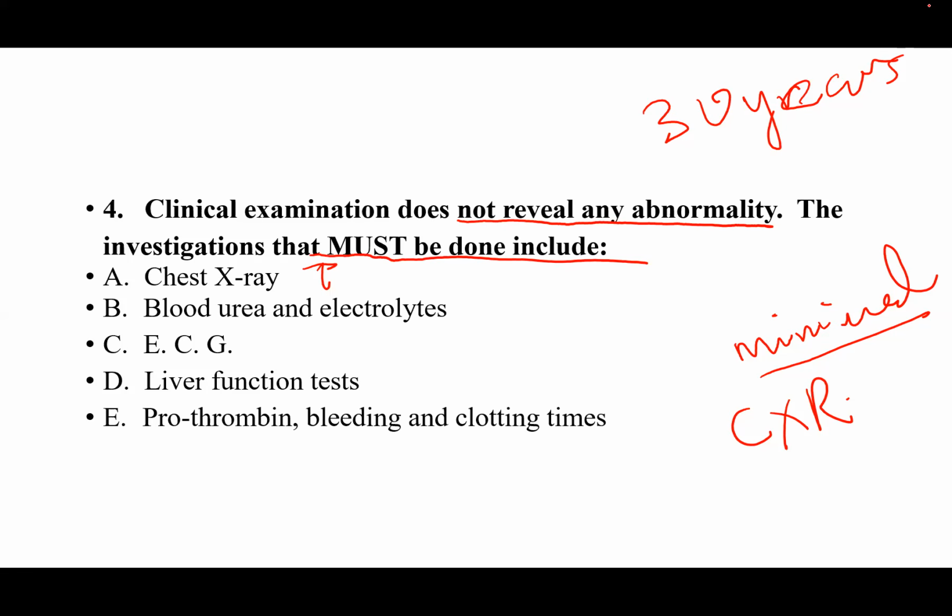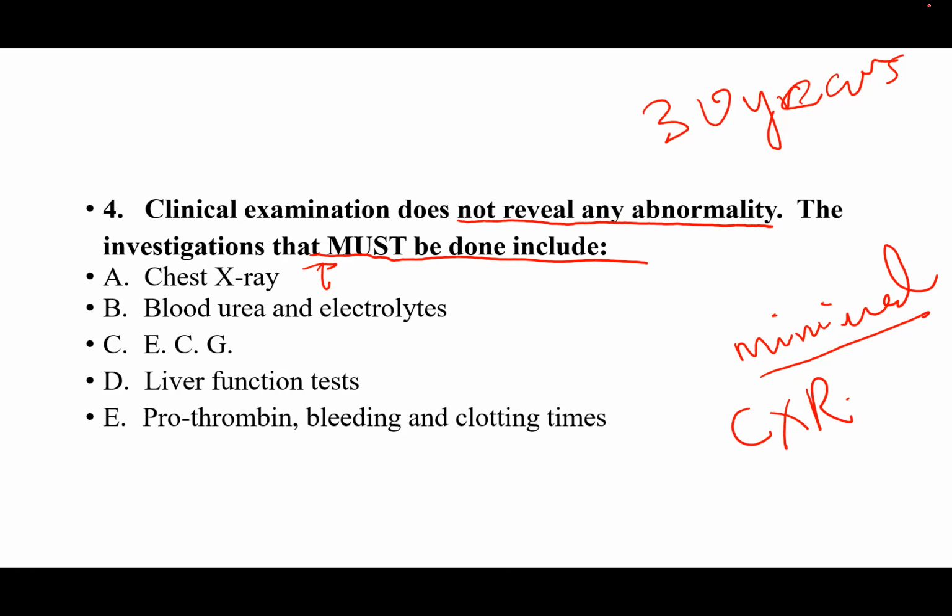Hashim, the patient, did you hear the question? If a patient with long-standing uncontrolled hypertension is taken to the theater and then his BP suddenly crashes, what happens? He may develop an ischemic cerebrovascular accident because of hypoperfusion.